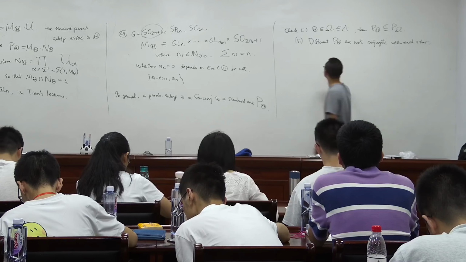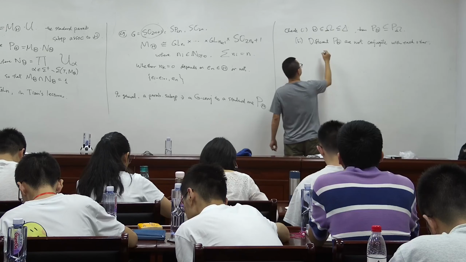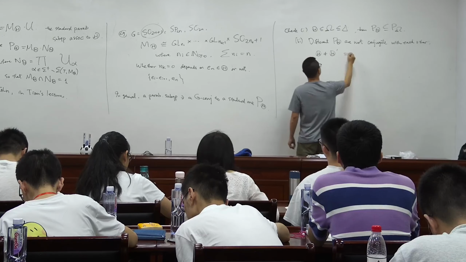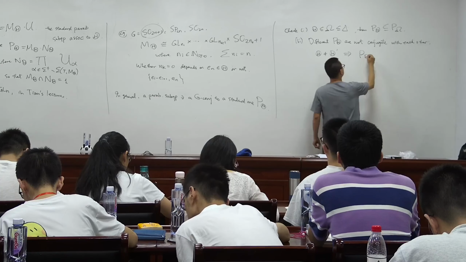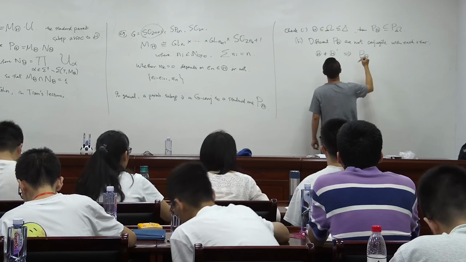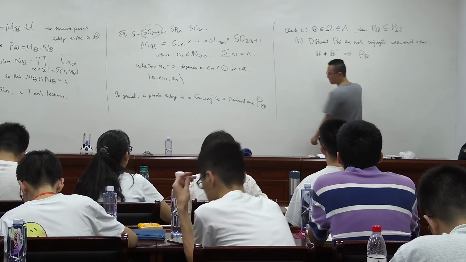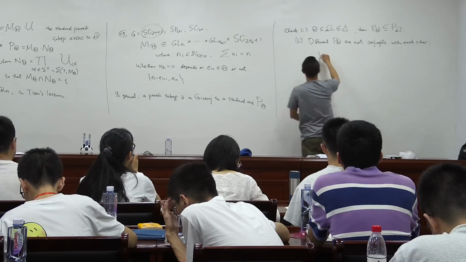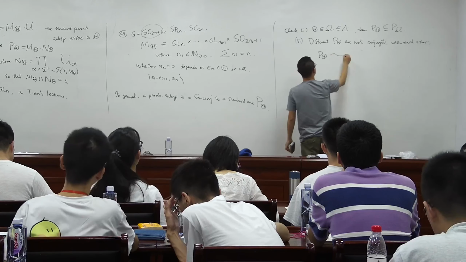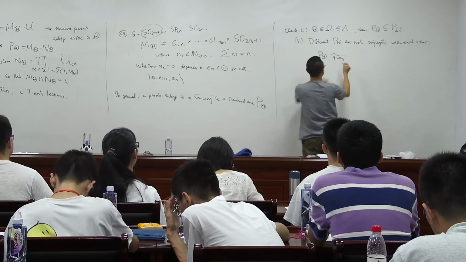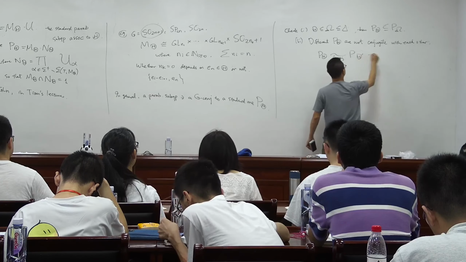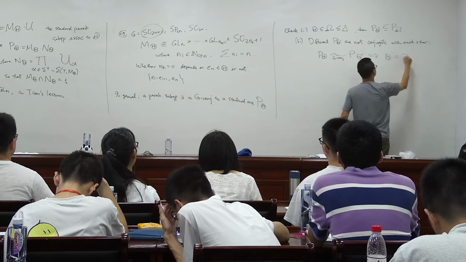Or in other words, put it in the reverse way: if P theta is G-conjugate to some P theta prime, then it implies the two subsets are equal.